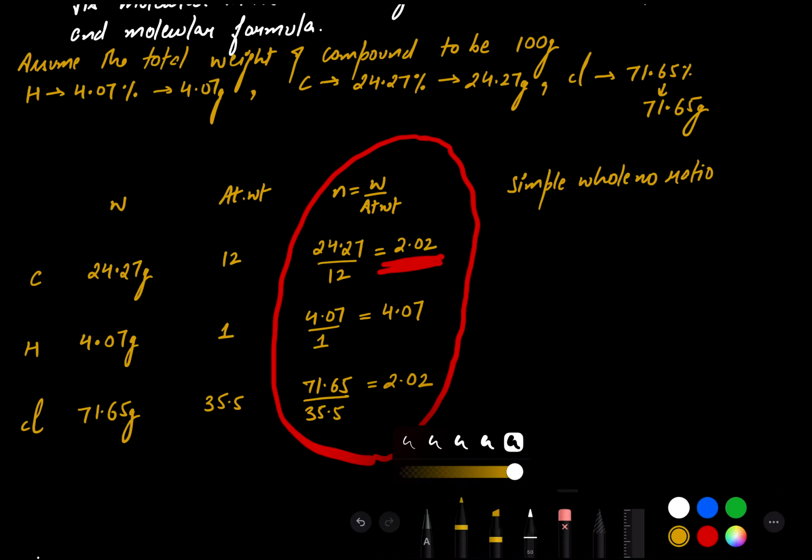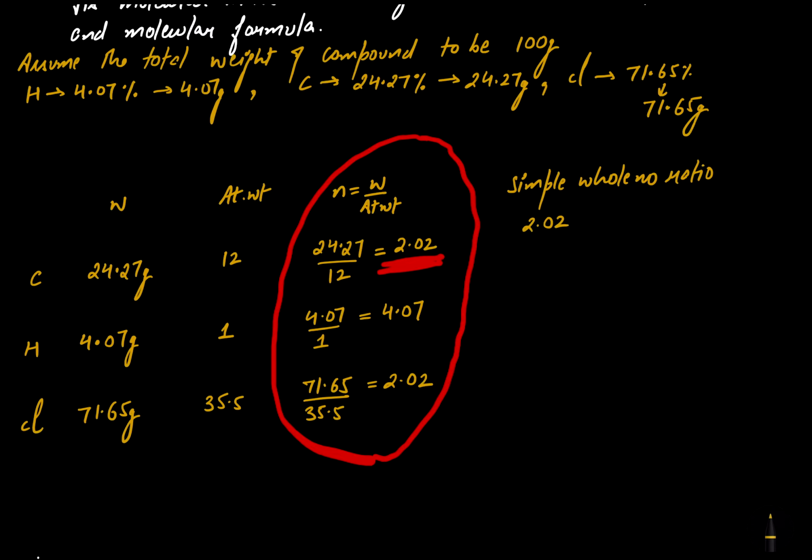I'm coming back to the question. Firstly, 2.02 divided by 2.02 comes out to be 1. 4.07 divided by 2.02 comes out to be 2. And 2.02 divided by 2.02 again comes out to be 1. What I have done over here is I have divided all the values of number of moles by the lowest value of number of moles.